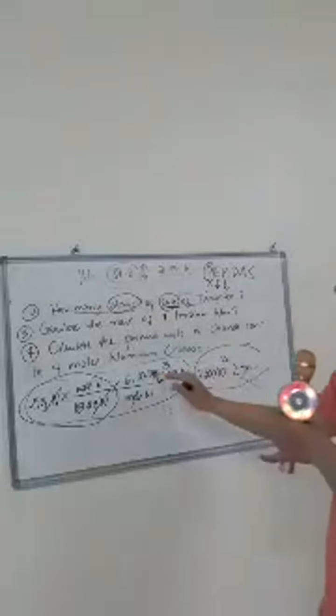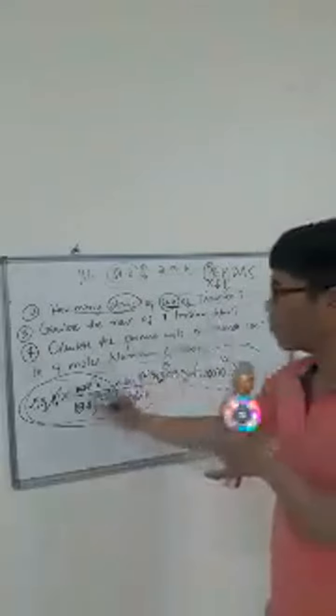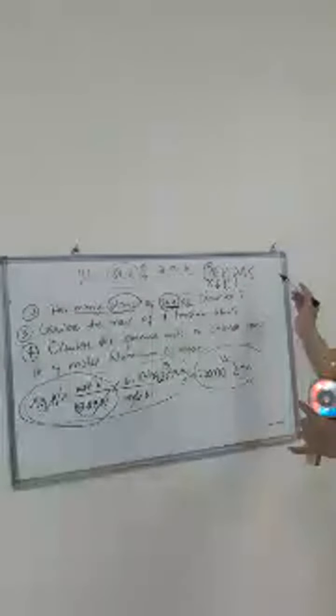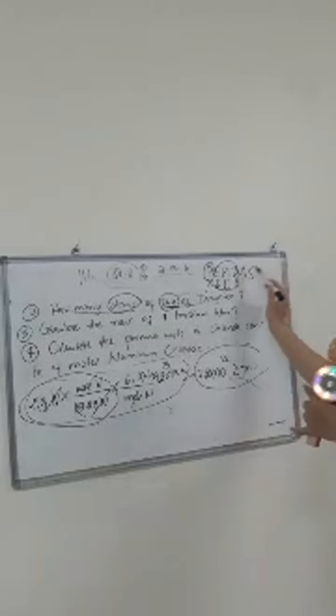So 6.023 times 10 to the 23, this is the exponent, then multiply that first by 24. Third, division: after that, divide by 183.8. Since there's no addition and subtraction, you will focus on the MD in the PEMDAS rule of algebra.